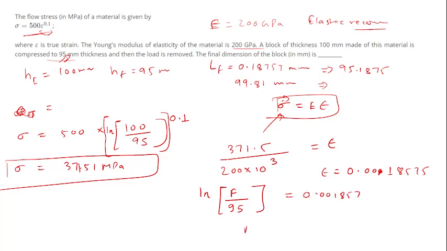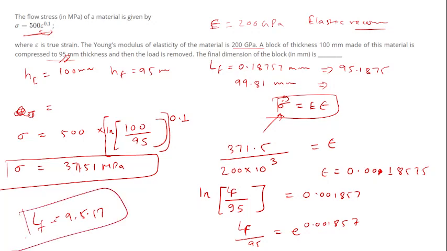And final upon 95 will be e to the power 0.001857. When you calculate this, it will come around 95.17 or 18. It will come around like that.